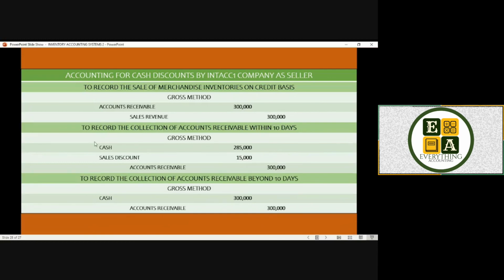When we collect within 10 days, we debit cash for 285,000 net amount, then sales discount 15,000, then credit accounts receivable 300,000 gross amount. But if collection is beyond 10 days, beyond the discount period, our collection is also at gross amount. We debit cash and credit accounts receivable at a gross amount.